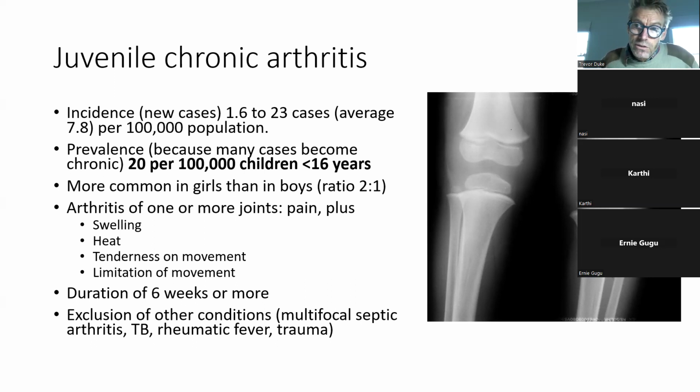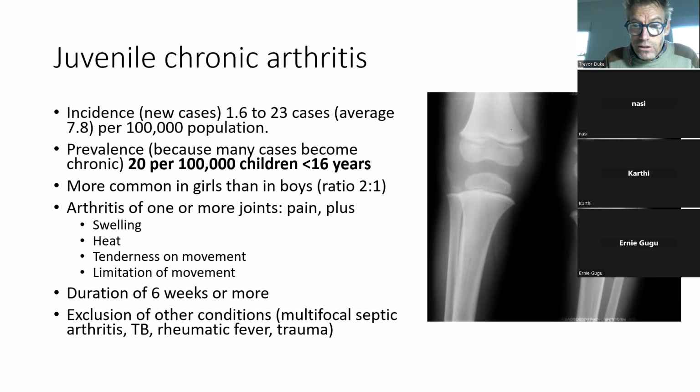And to make a diagnosis of JCA, you really need to exclude other common conditions. So firstly, multifocal staph arthritis, which sometimes is mistaken for polyarticular or oligoarticular juvenile chronic arthritis, where there's more than one joint. Sometimes there's several joints involved with multifocal septic arthritis.